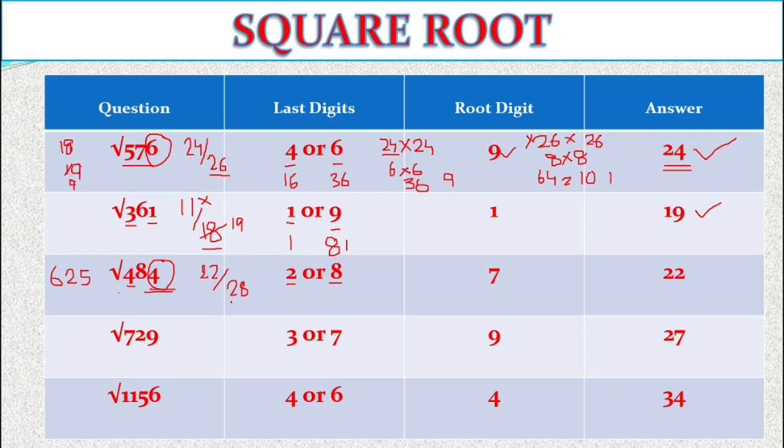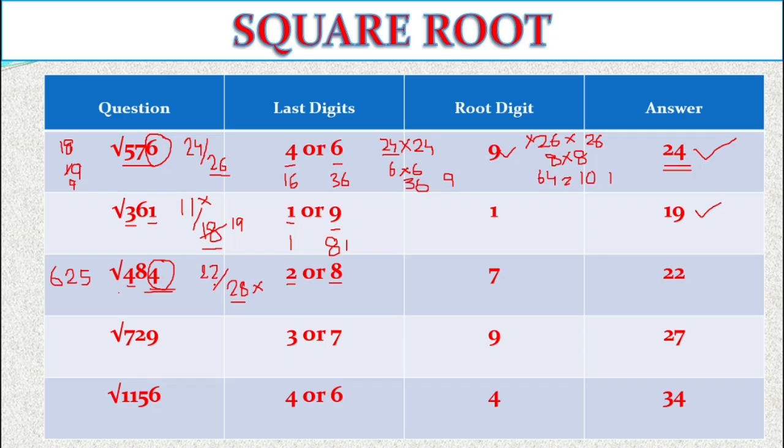So if I take 28, then certainly the square value will be greater than 484. So 28 cannot be the answer. This is one more trick. I am applying a technique in each and every case. It's all common sense, guys. I am applying whatever math I know, and I am trying to tell you in how many ways it can be solved.